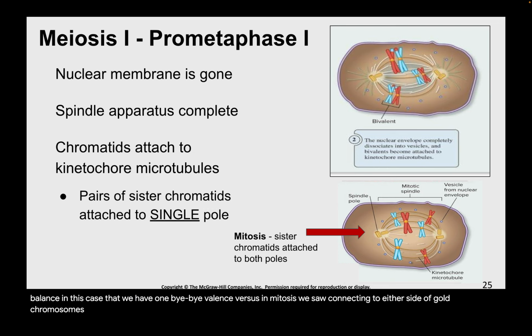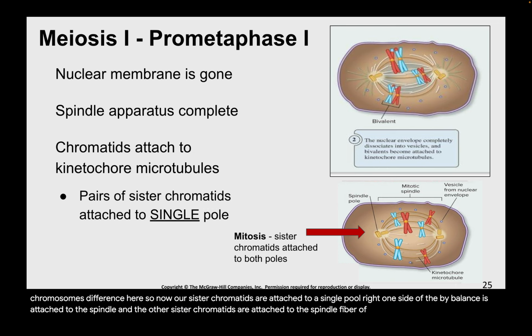So key difference here. Now our sister chromatids are attached to a single pole. One side of the bivalent is attached to the spindle fibers of one pole, and the other sister chromatids are attached to the spindle fibers of the other pole.